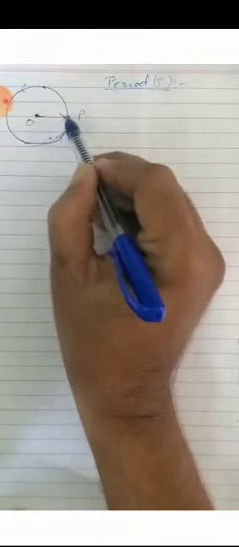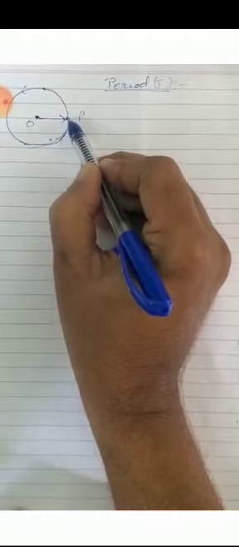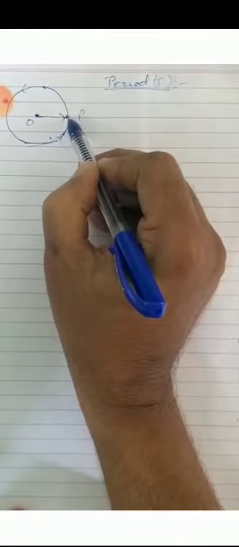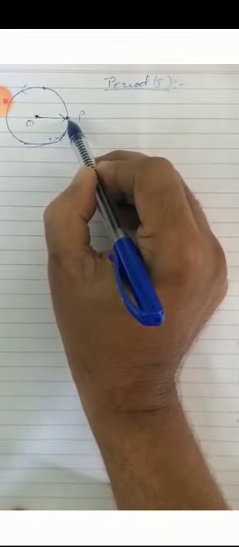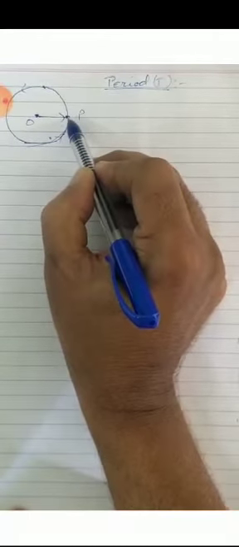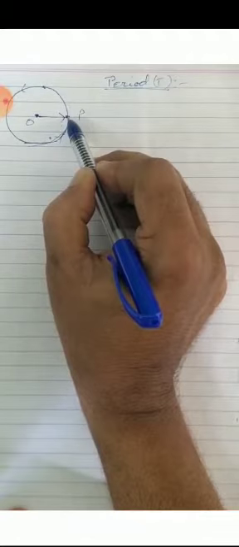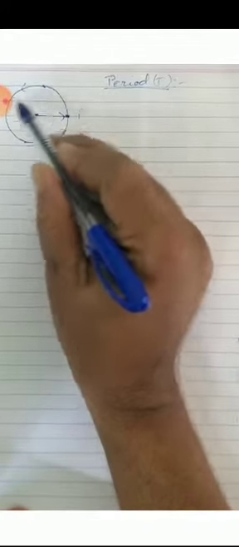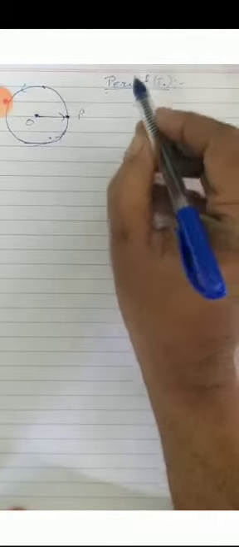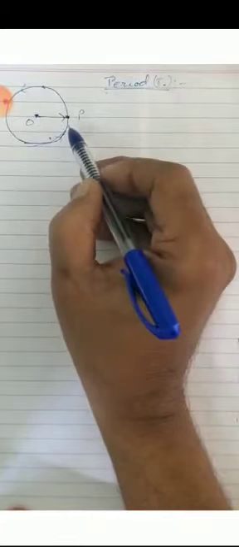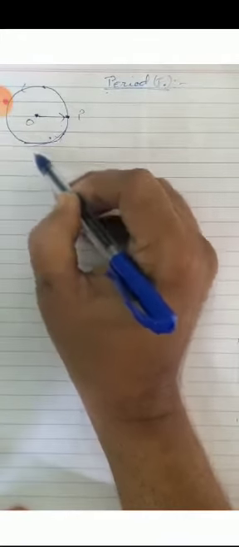So if you start a stopwatch when it starts from the point P, and the particle goes in this way, and when it comes again at the same point P, stop the stopwatch and see the time. That time which is seen in the watch is called period. So the time required to complete one revolution is called period.